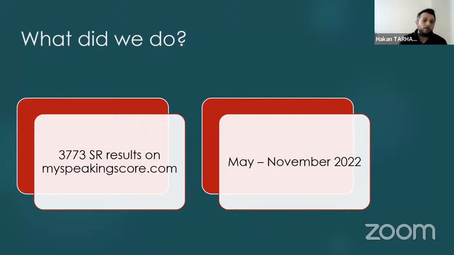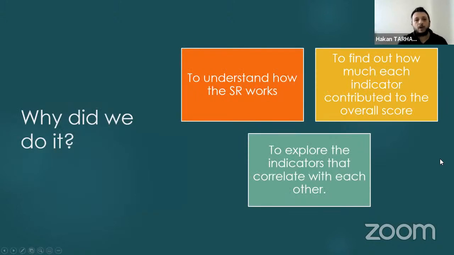So we looked at almost 4,000 responses. These were responses presented to question items on My Speaking Score by a variety of prospective test takers between May and November 2022. And our main motivation here was to understand how the SpeechRater works.